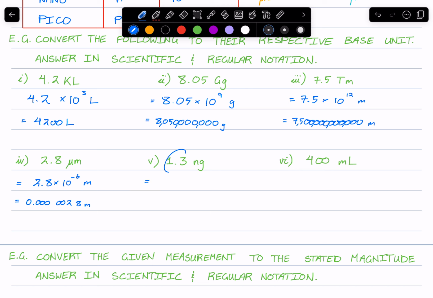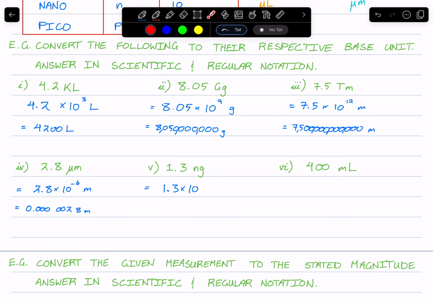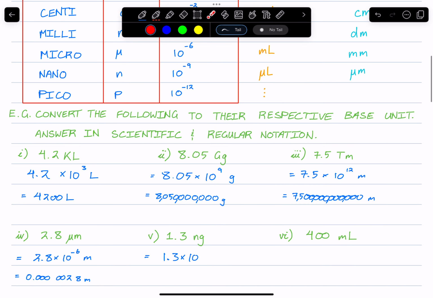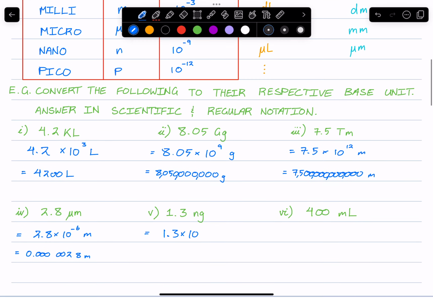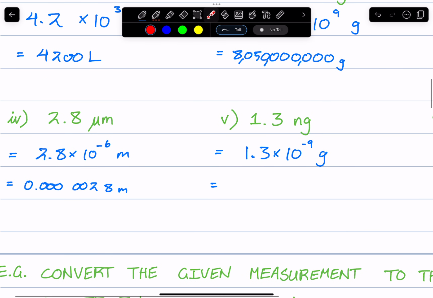Let's keep going here. 1.3. We know it's going to be times 10, and now ng is nanograms. So it's times 10 to the power of negative 9 grams. As before, this one's going to be 9 zeros in front of it, including the decimal.